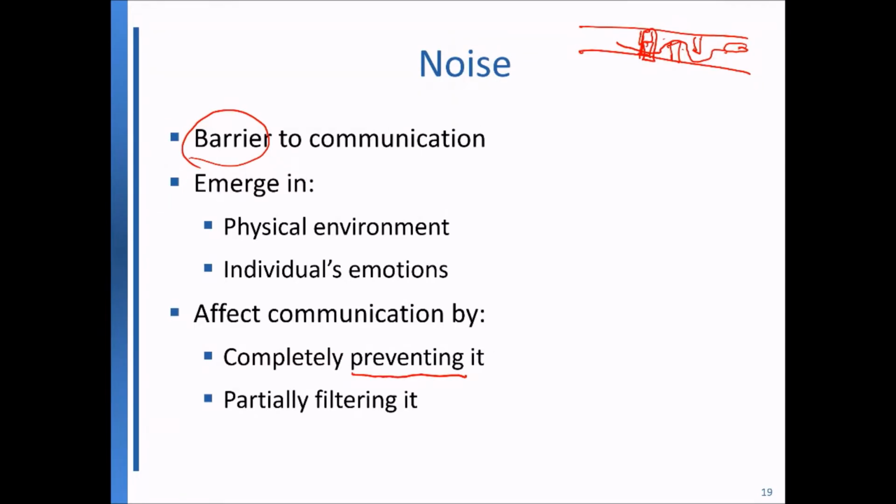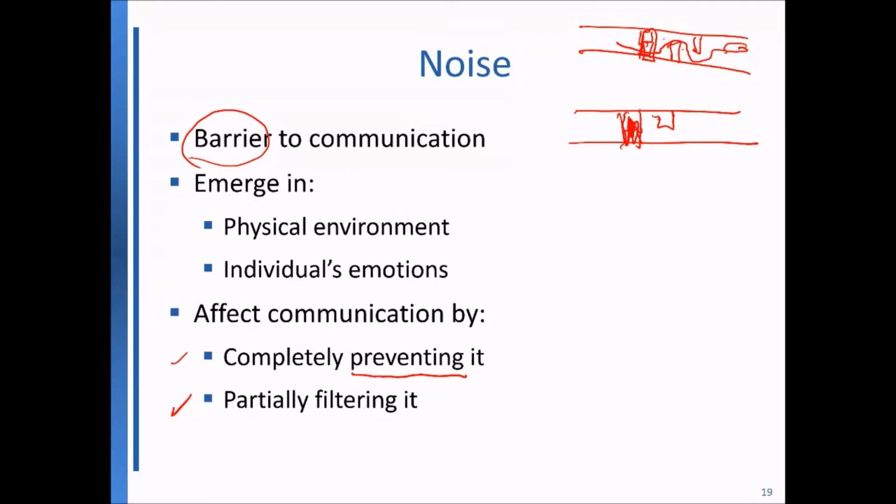So remember what a filter is. For example, this is the road. If they put barriers only here or here, sometimes we call that partial filtering. But if they block it totally, it will completely prevent communication.